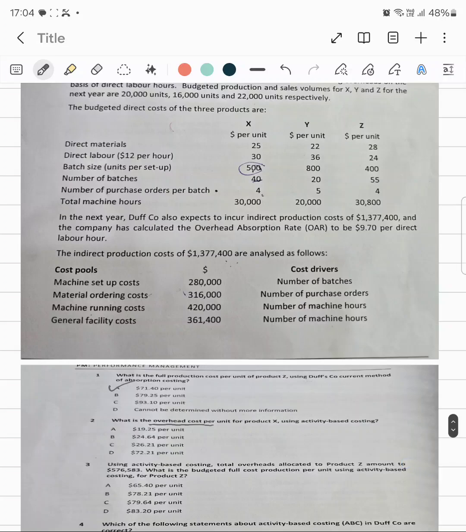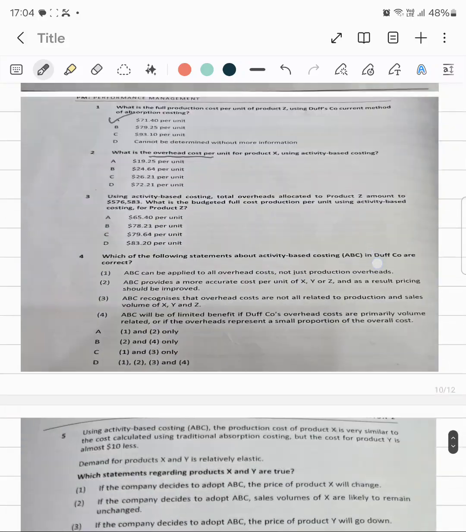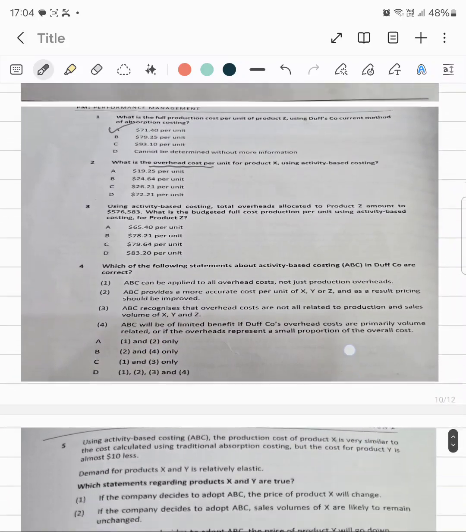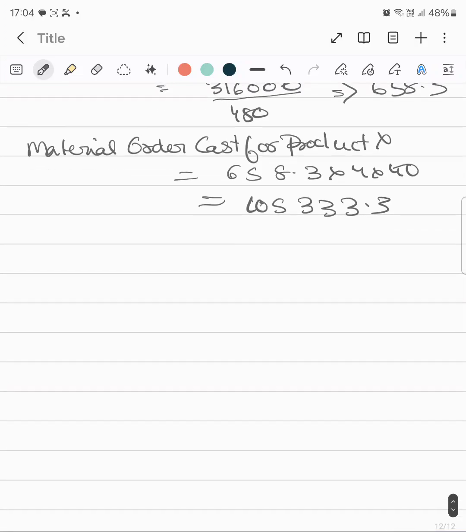Okay. After this, the cost driver is machine running cost. Machine running cost can be based on the total machine hours, which are 30,000, 20,000 and 30,800.